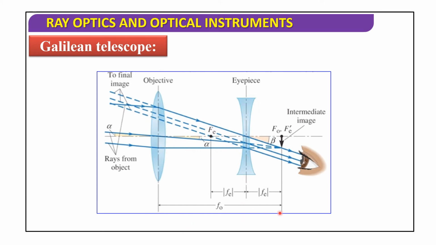This is the focal length, f0, from the objective to the intermediate image, and for the eyepiece here fe, and again the final image. Here we are forming the final image. This is the concave lens, a diverging lens. If extended, then we get the image.